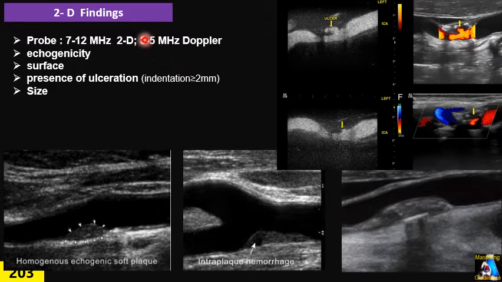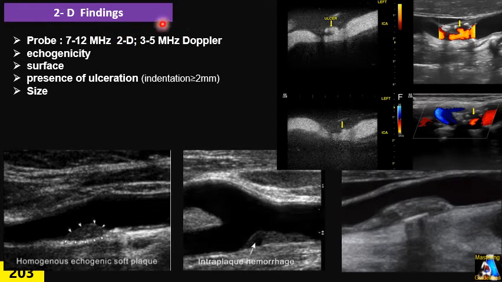As I mentioned before in the other lecture, we use a probe between 7 to 12 MHz, depending on the size of the neck and some other characteristics of the neck, and a linear probe. But sometimes we have to use a lower frequency, sometimes 5 or even 3, depending on the situation, how much penetration there is and whether we have a good image or not.